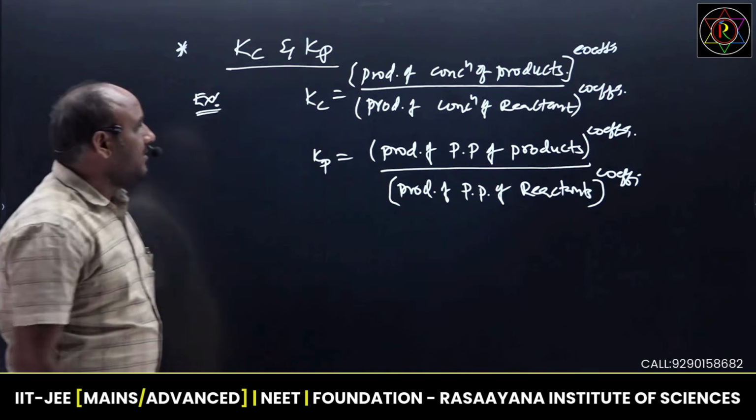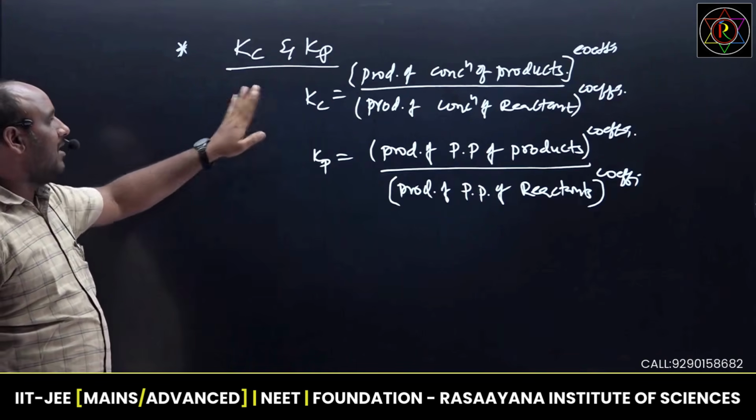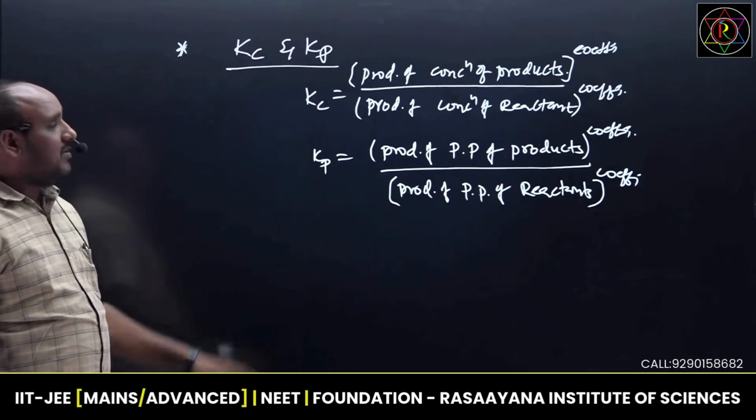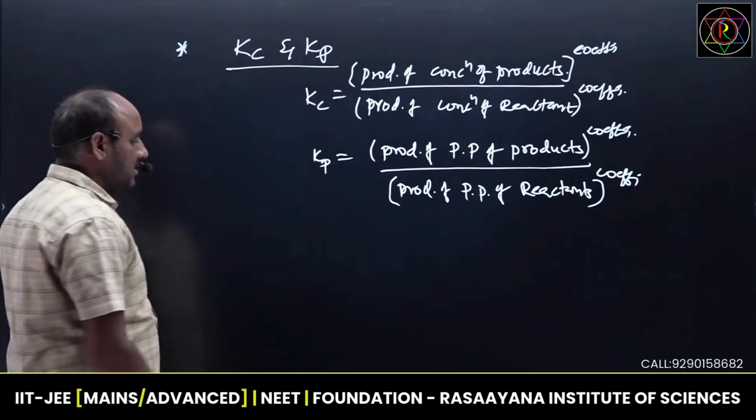So these are the Kc and Kp definitions from the law of chemical equilibrium, and we have to apply this for chemical equilibrium reactions.